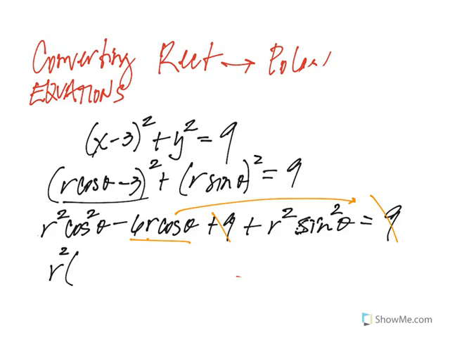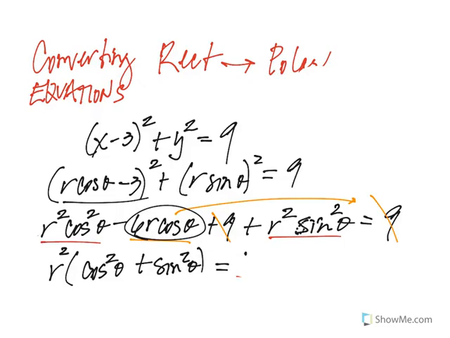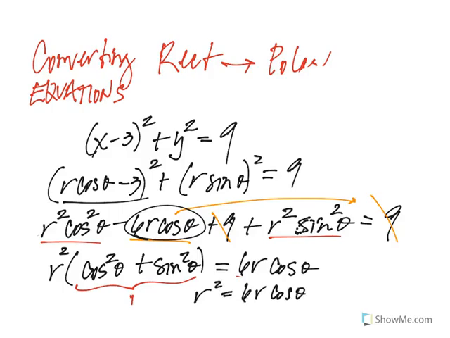If I factor out an r squared out of this term and this term, I get r squared times cosine squared theta plus the sine squared theta. That's equal to this term moved to the other side, that is 6r cosine of theta. We're close there. If you think about the Pythagorean identity, this goes to 1, which leaves me r squared is equal to 6r cosine theta.